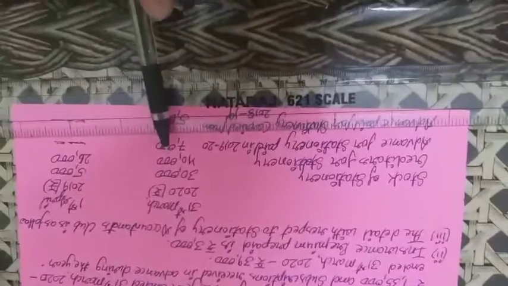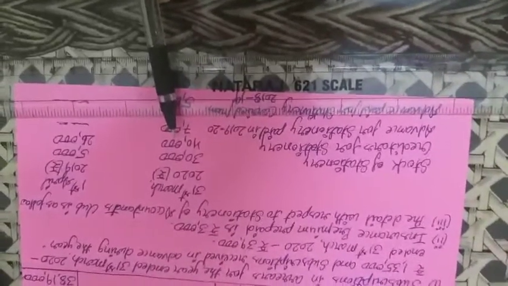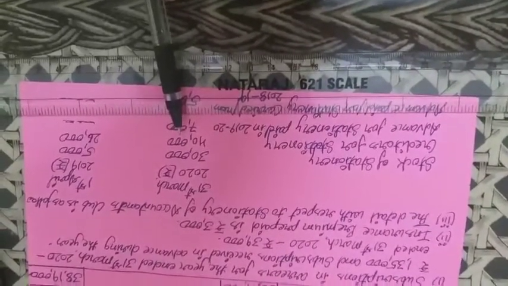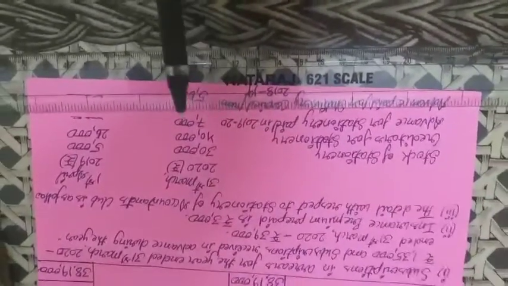Next one, creditors for stationery. This is in the beginning and this is at the end. So for creditors, the closing creditors will be added and the opening creditors will be subtracted. That is clear. In 11th class, when we were calculating the cost of stationery, the cost of any material we consume during the year, there also we subtracted the opening and added the closing.